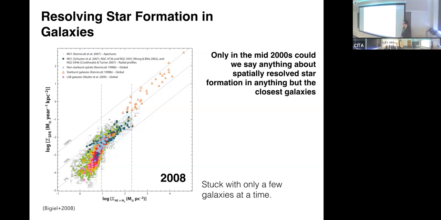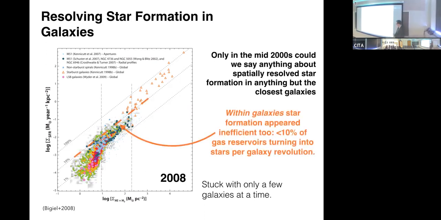And in the local universe, we're talking about what's going on in the outskirts of galaxies, where we're dominated by atomic gas and its HI observations primarily, or the suburbs and the inner core of galaxies, where you're progressively more dominated by molecular gas. And one of the things that across the board, again with the exception of maybe the very early universe or crazy starbursts, star formation in galaxies appears to be quite inefficient.